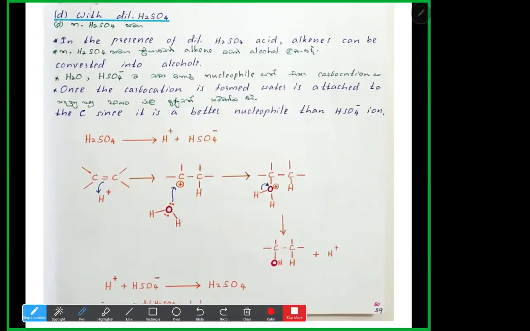That H plus is joining with C double bond C. You are coming to this position. Now we have both this HSO4 minus and H2O. H2O is acting as a better nucleophile and attacking onto this carbon. But then oxygen gets a plus charge. Break from here, you are making the alcohol. And H2SO4 is regenerating.